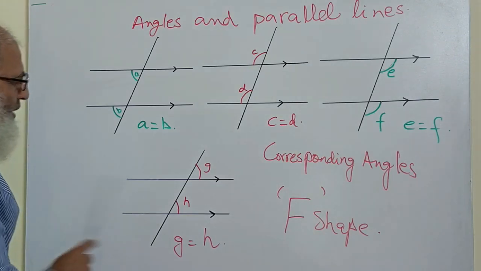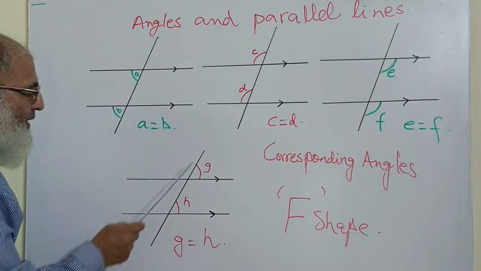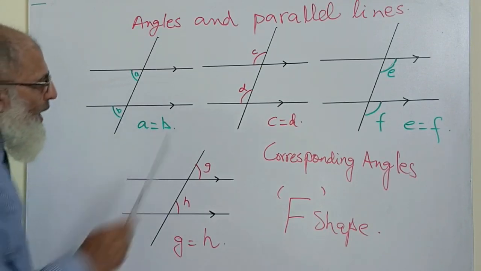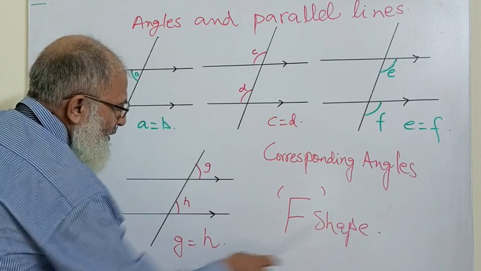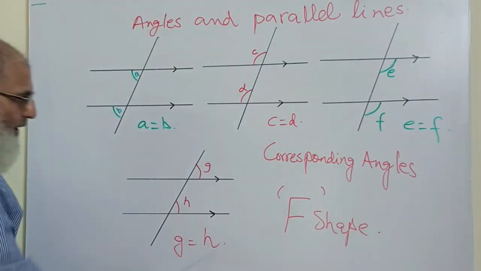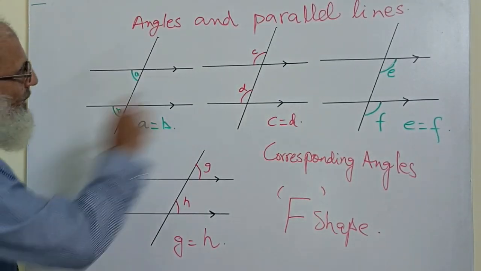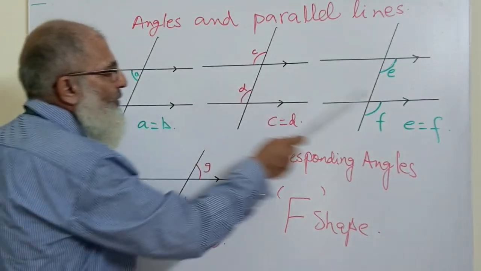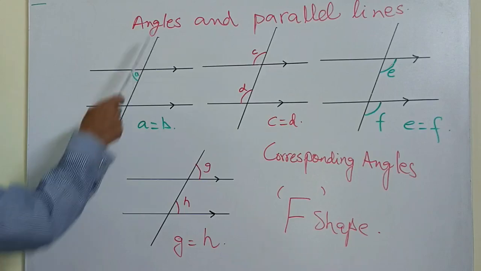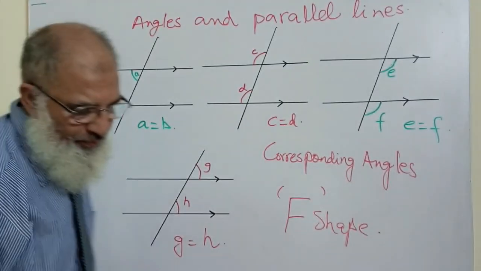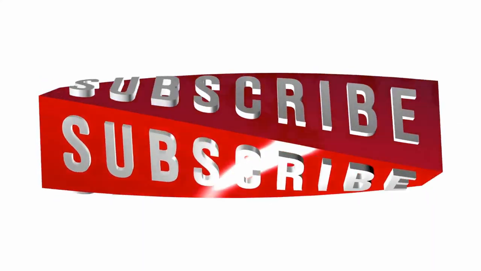These are all the angles which are formed, but we are considering only the F shape. So G is equal to H. So these, my dear students, are the angles which are formed by parallel lines when a transversal cuts them.